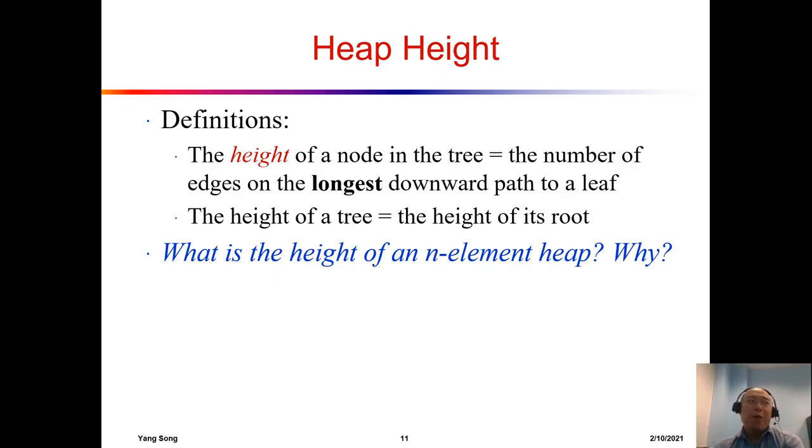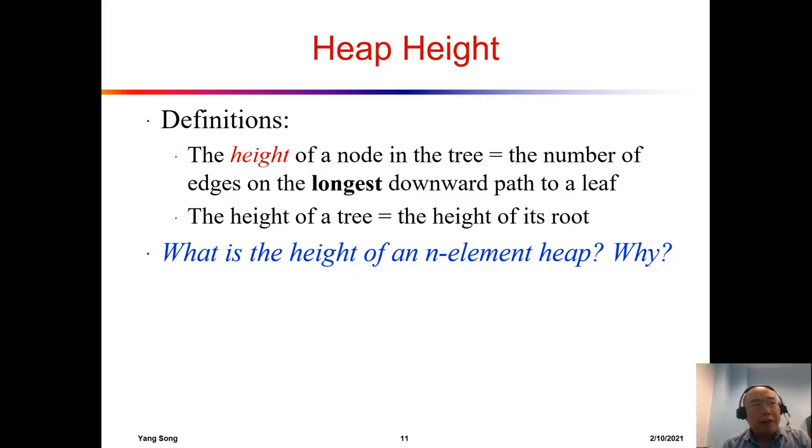Okay, so let's start from the easy case. How about there's only one node? If there's only one node, and we are counting the number of edges on the longest path, then there are 0 edges to count. So if there's only one node, the height of this heap is 0.